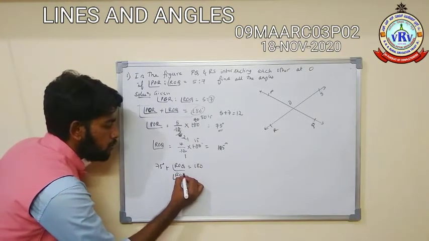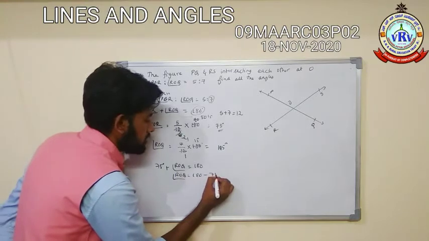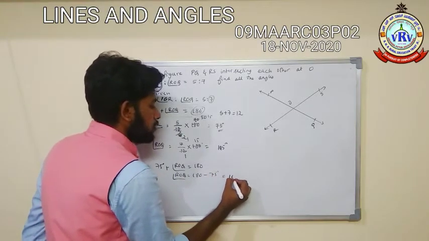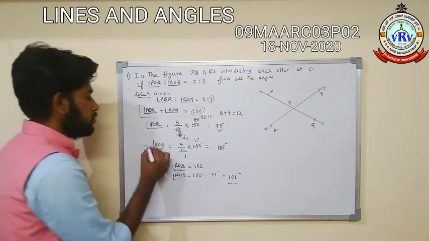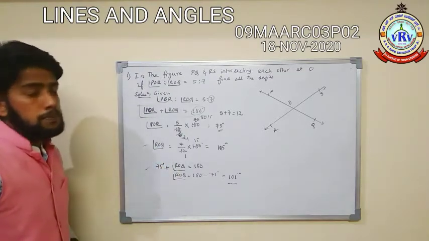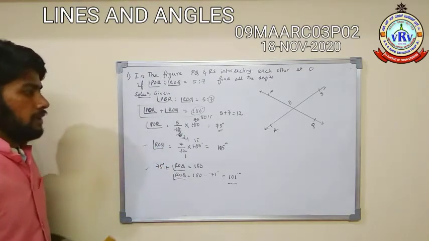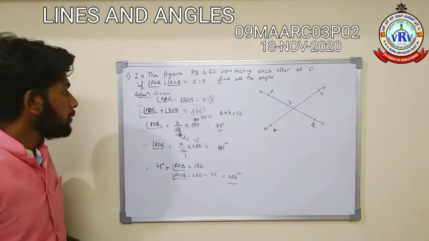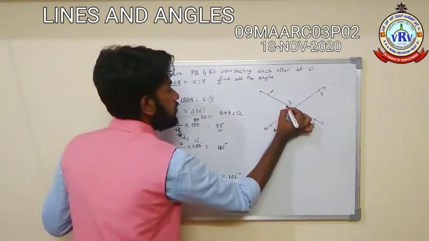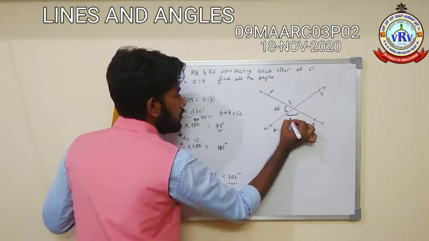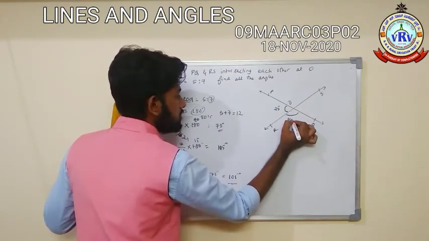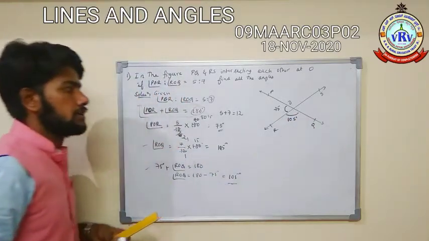So ROQ is equal to 180 minus 75 degrees, which is 105 degrees. There are two methods to get ROQ. Clear? Now I am getting POR equal to 75 and ROQ equal to 105 degrees.